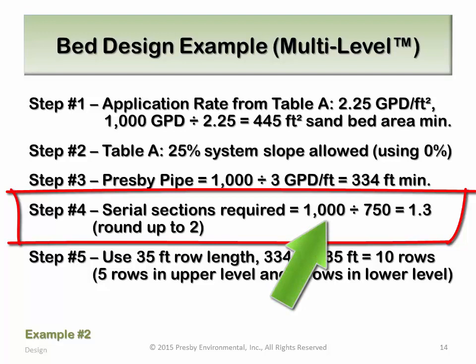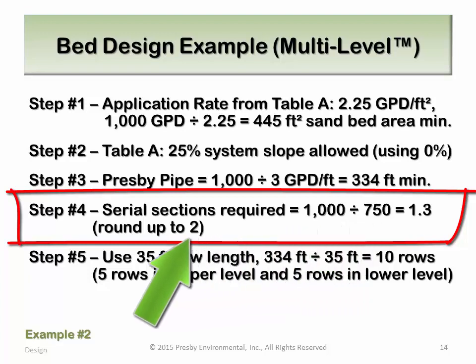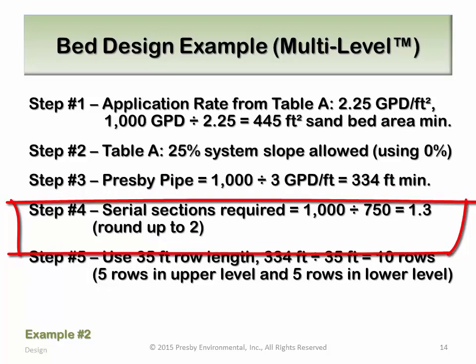We take our 1,000 gallon per day daily flow and divide it by 750 gallons per day per section to find that we need at least 2 serial sections. With multi-level beds, it's always preferable to feed the upper rows before connecting to the lower level. This may result in using more serial sections than is required.